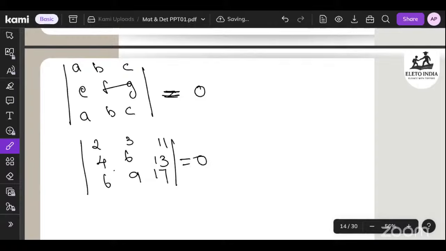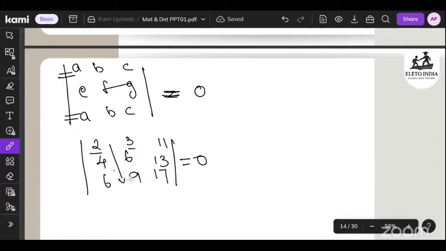Now, let me tell you why this is 0. You may ask: you said if you have two similar rows or columns the determinant is 0, but in this determinant you don't have anything similar. Two rows or two columns are not similar here.